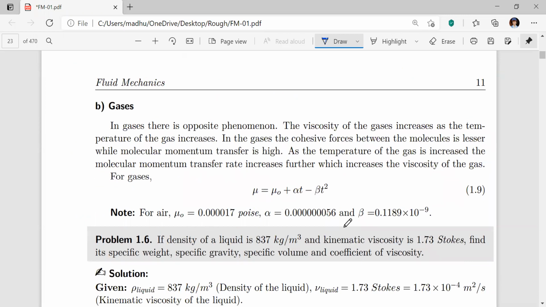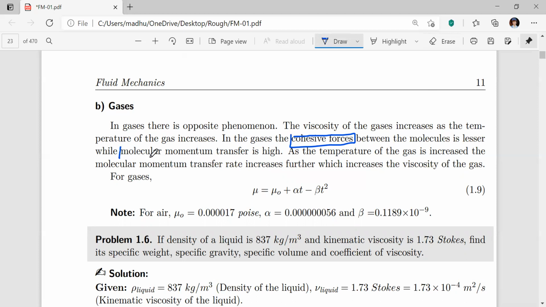Similarly, for gases we also have some explanation. As I told you, there are two types of forces, cohesive forces and molecular momentum transfer, both in the liquid as well as in the gas.